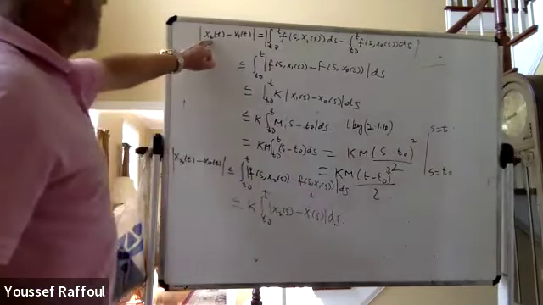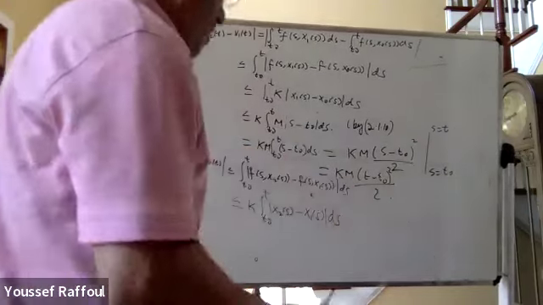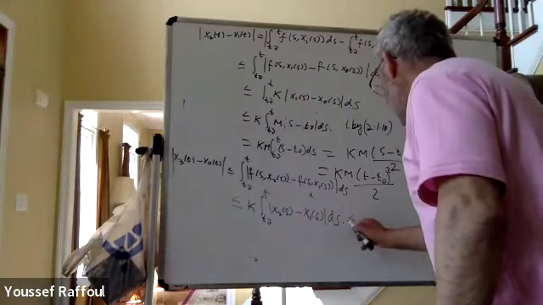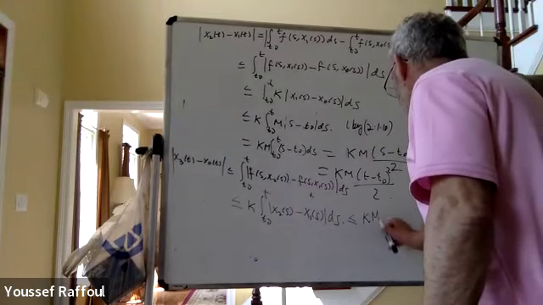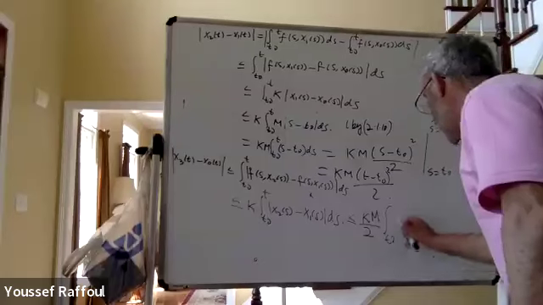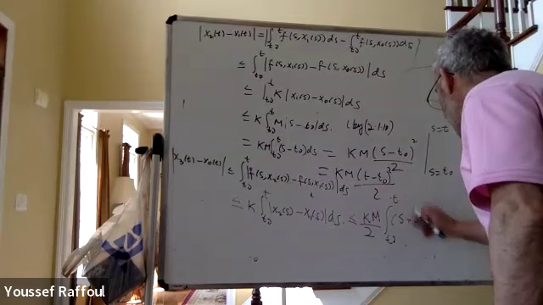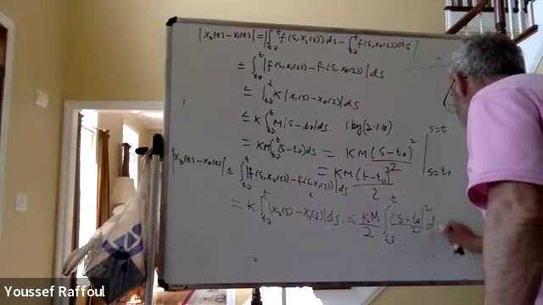But look, what is x2(t) minus x1(t)? So this is less or equal to km over 2 times the integral from t naught to t of (s minus t naught) squared over 2 ds.